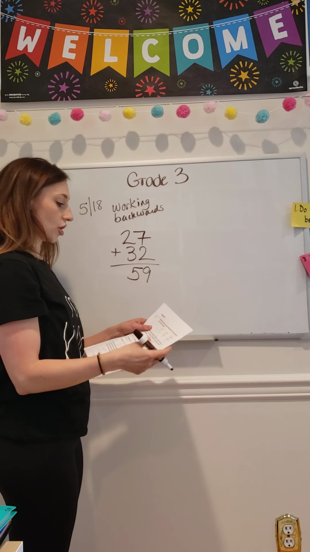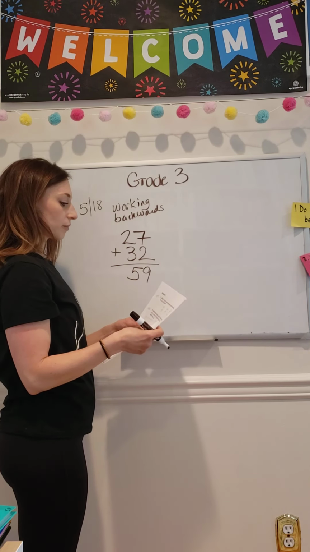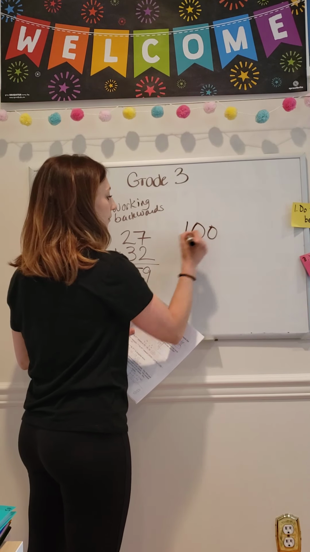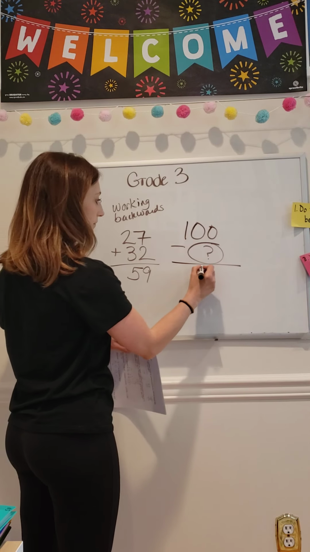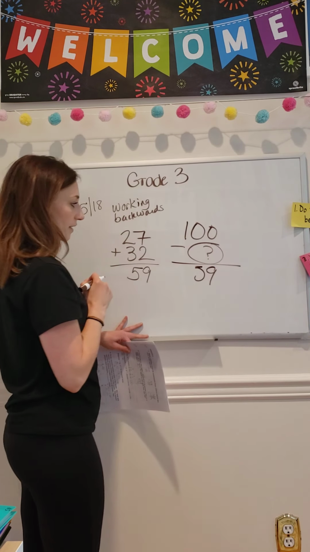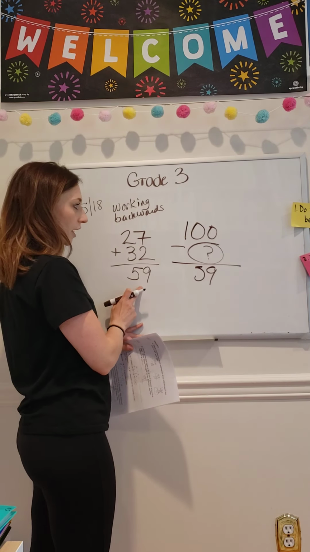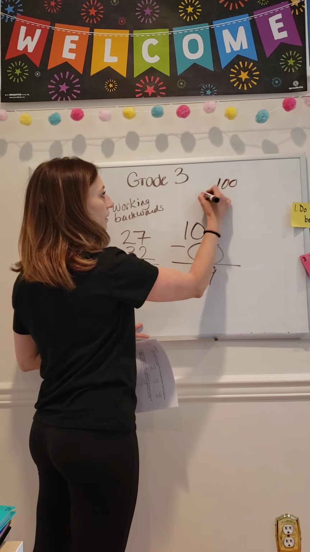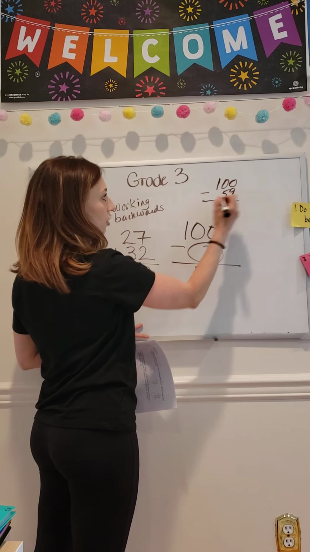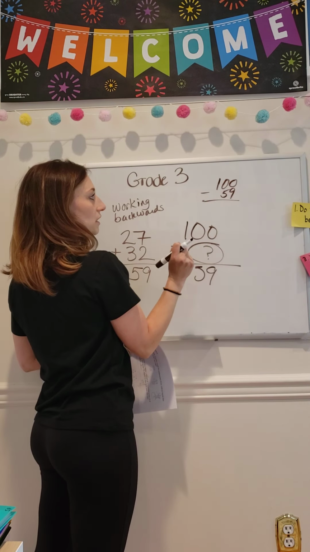Now, if I continue to go backwards, it says what number must be subtracted from 100, so we have a mystery number here, to equal the sum of 27 and 32, which is 59. So, in order to find out this mystery number, I'm going to start by subtracting the number we do know, 100 minus 59.